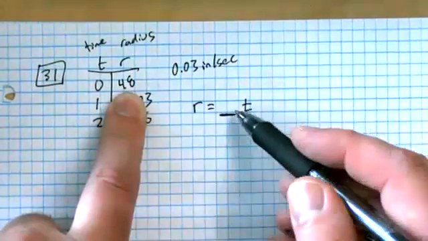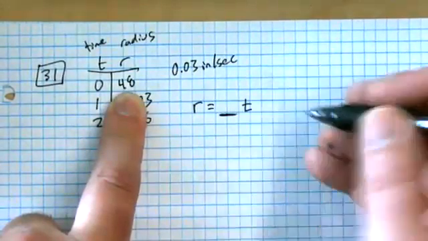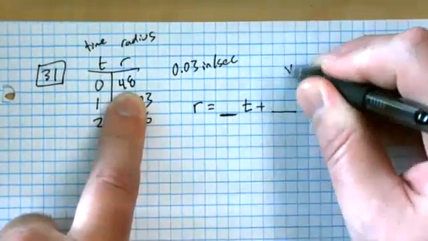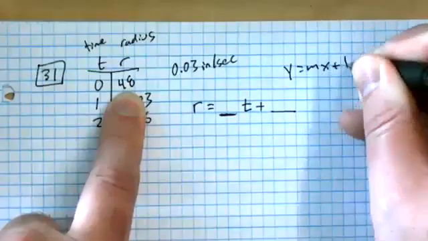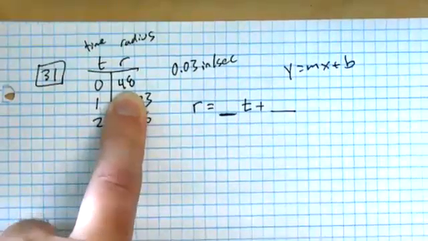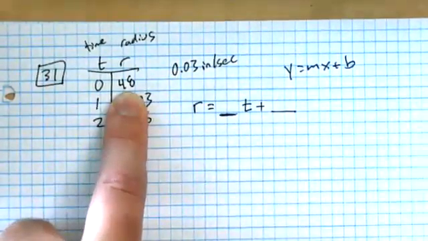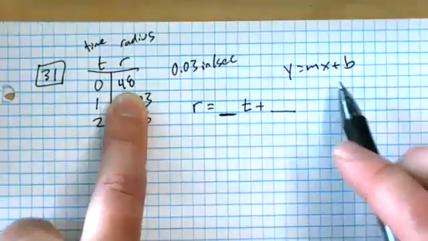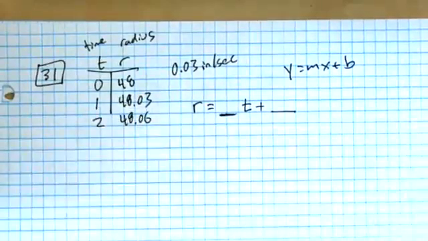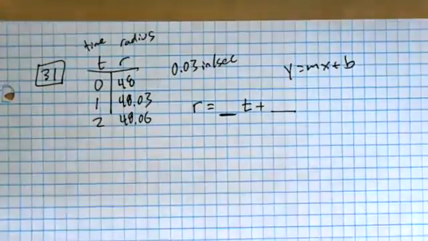It's the slope, right? M is the slope in y equals mx plus b. We're writing a linear function here, folks. This is one of those things that we will not be reviewing in pre-calc. So if you don't know how to write equations in y equals mx plus b form, go do a little internet research.